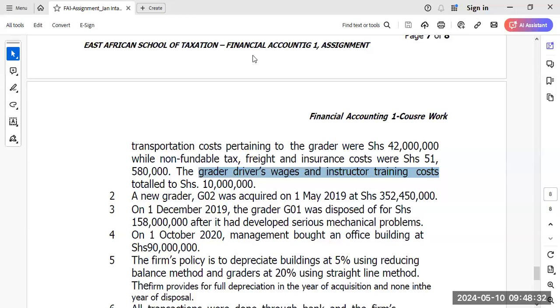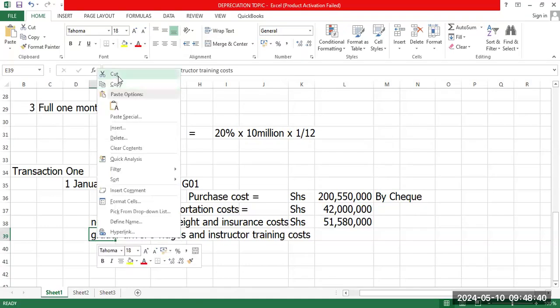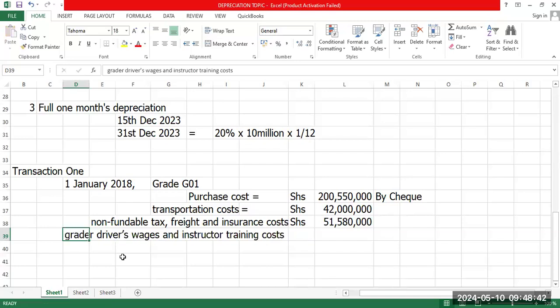Here we have not yet started answering. We are just noting what we are given. Are we together, colleagues? We are just noting down what we are given. Then we will analyze it. Excuse me, guys. Good morning. I've just joined. I'm kindly asking you to guide me. Where are we? We are on transaction number 1.